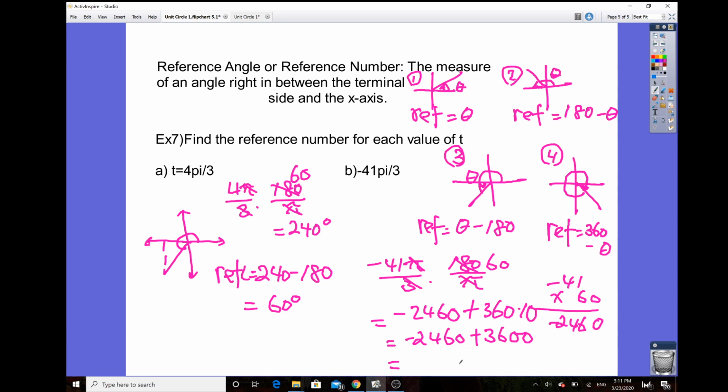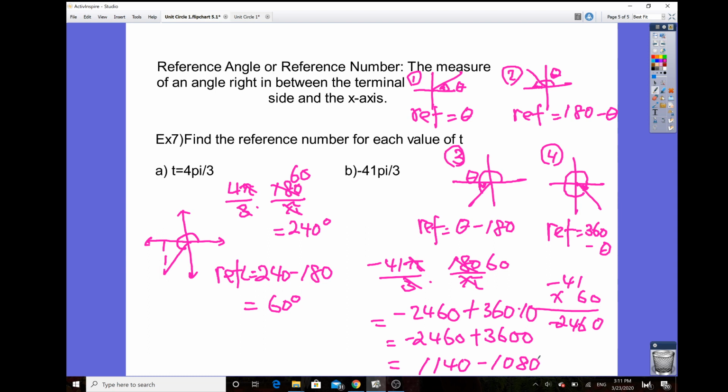Once you subtract, 0 minus 0, 0, 10 minus 6, 4, 5 minus 4, 1, and 3 minus 2, that's 1. So I just end up with a big positive coterminal angle. So this one I just subtract. 1080.